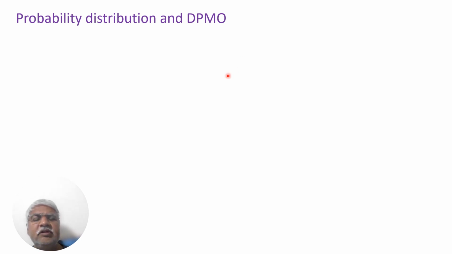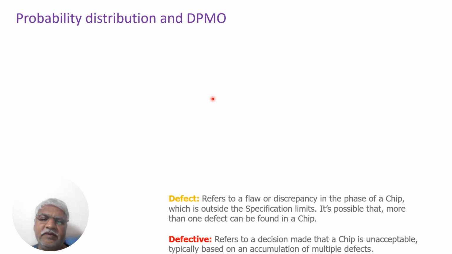As observed in the earlier slide, we know that different stages in the chip design will affect the yield, because there can be many defects in the different stages of the design and implementation. Before we go further, a defect refers to a flaw or discrepancy in a phase of the chip. More than one defect can be found in a chip.